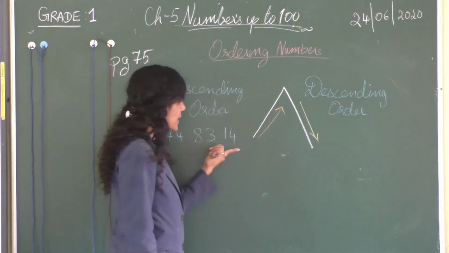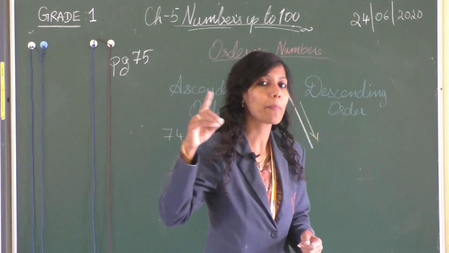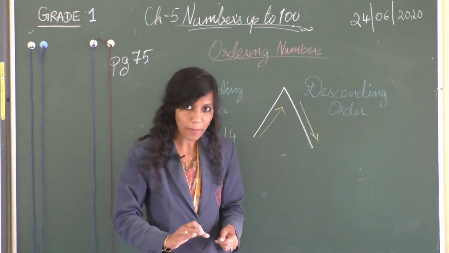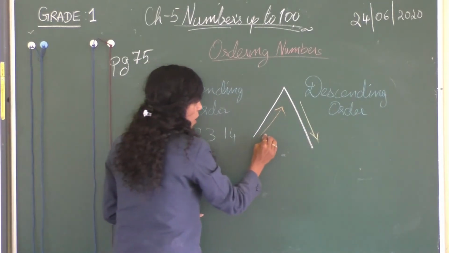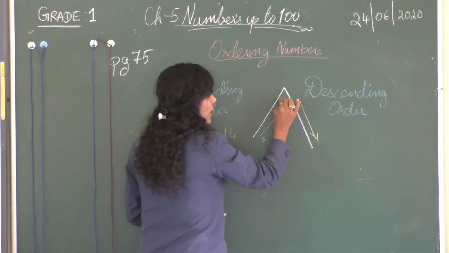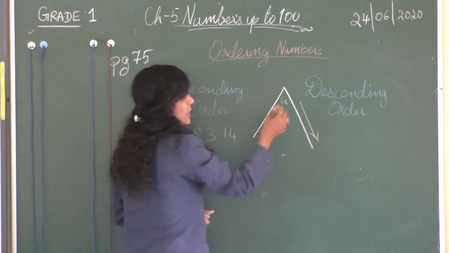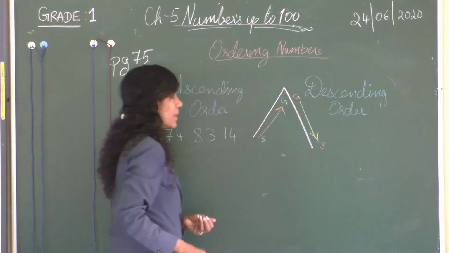So how do you write this in ascending order? You have to go one step up. That means you are coming from the small number and going to the greatest number. From small number you start and you go to the greatest number. But in descending, from greatest you start and reach the small number.